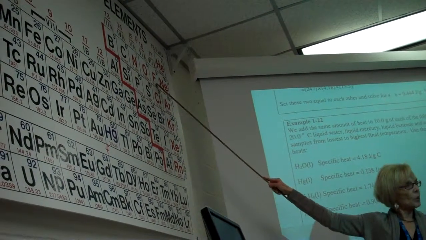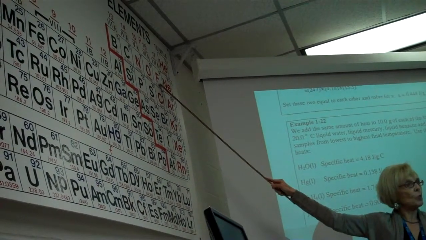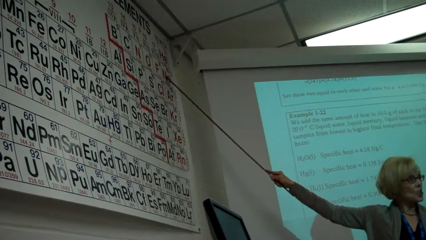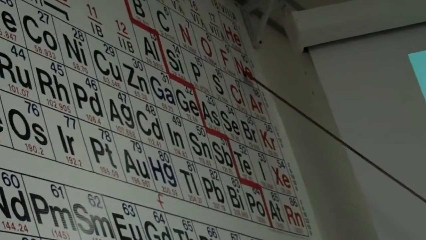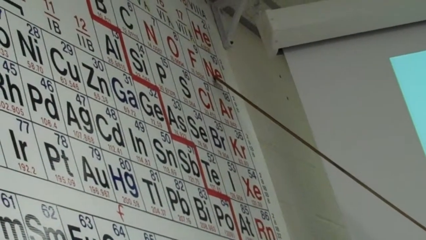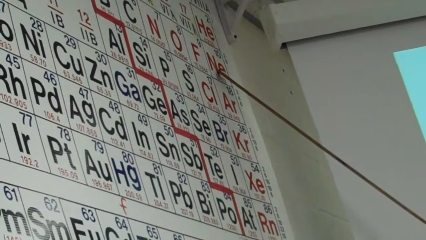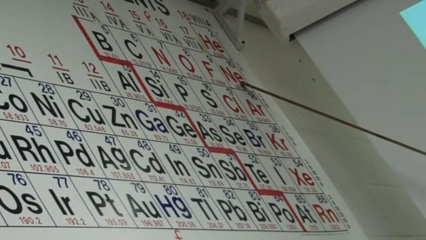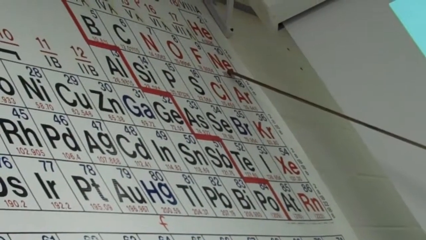Okay, fluorine normally has 9. What does fluorine want to do? Gain 1. And then it'll have 10, and it's like neon. The fancy word for that is that it's isoelectronic with neon. Iso means the same, electronic, same number of electrons as neon.